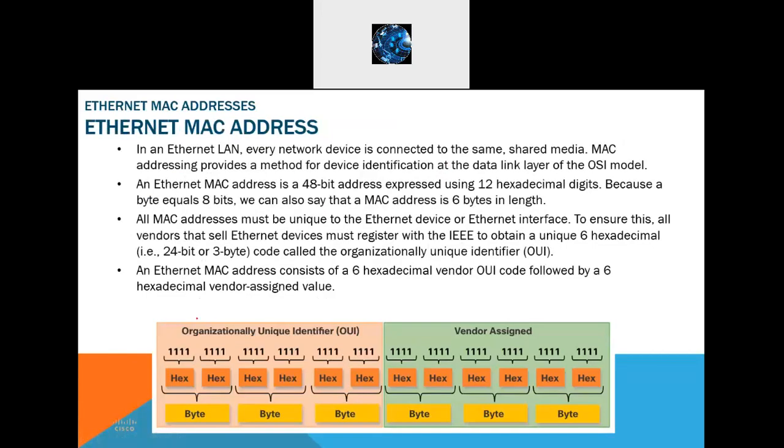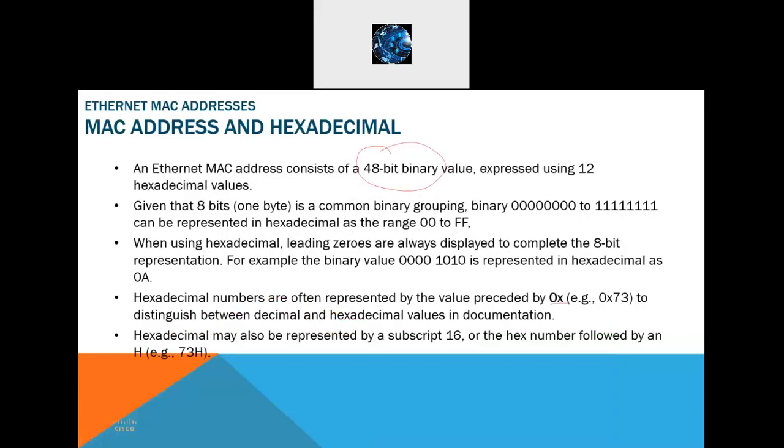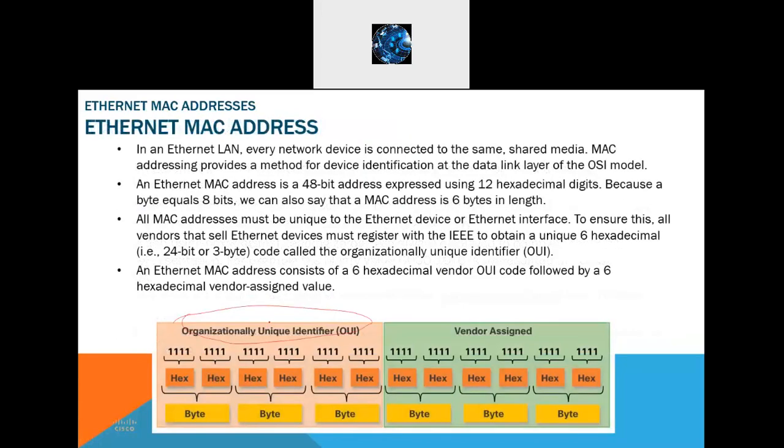The first 24 bits represent the manufacturer of the network card. The first 24 bits, which is the first 6 hexadecimal digits, will represent what we call the OUI, Organizational Unique Identifier.